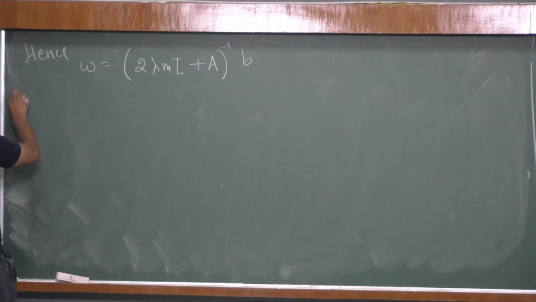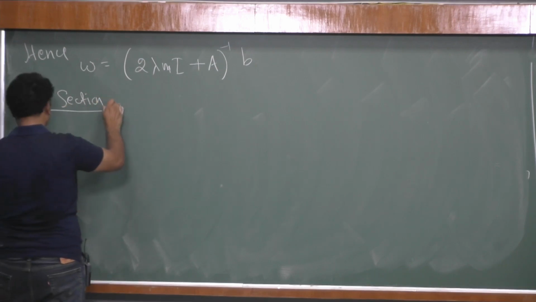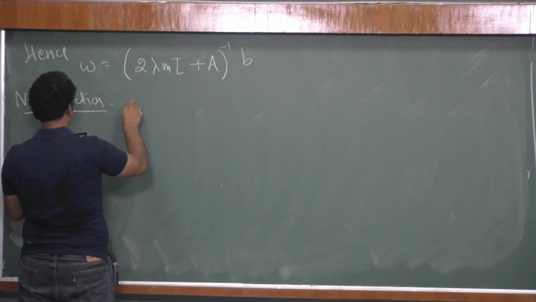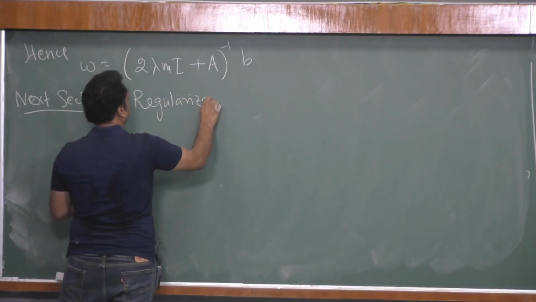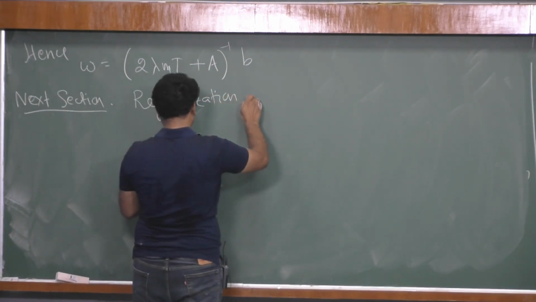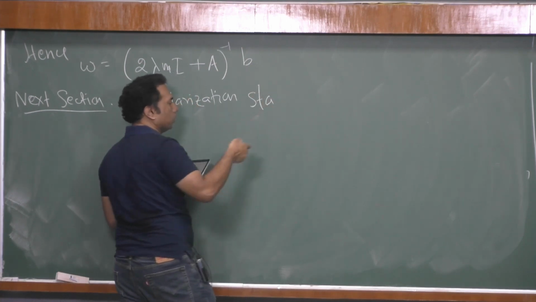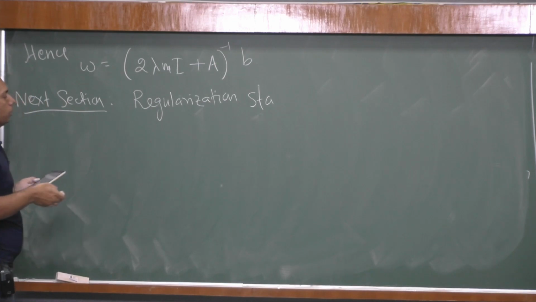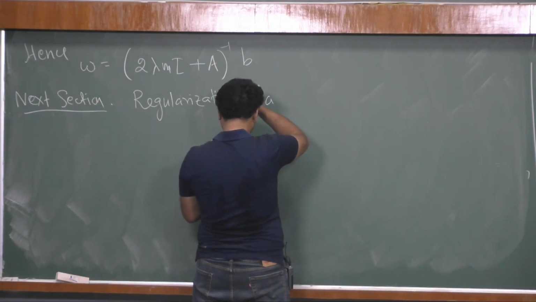In the next session, we will show that regularization stabilizes the algorithm. I have not defined stability; I have just told you orally that if I change one training data point, still the error is not very high. That is usually stability, but we will make it concrete.